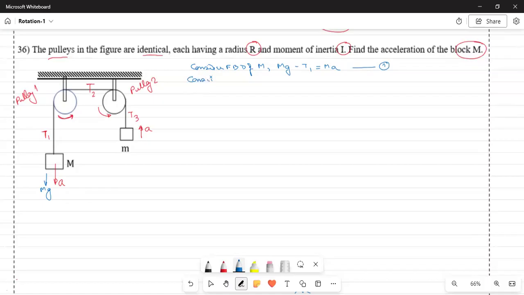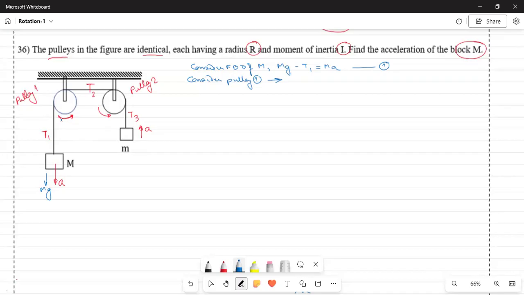Consider pulley 1. If you consider pulley 1, you are considering its rotational motion. Consider the torque produced by the tensions on pulley 1.